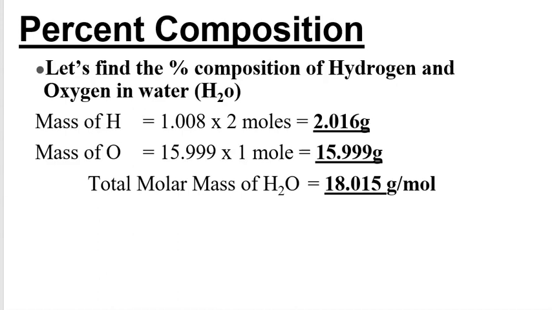All right, so now that we have our total masses, we can do the percent composition. So the total molar mass gives us, remember, it was part divided by whole. So right here, these are your parts. The part that is hydrogen is this weight right here.